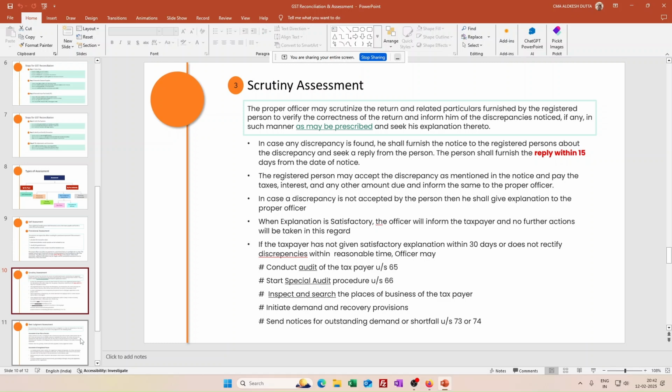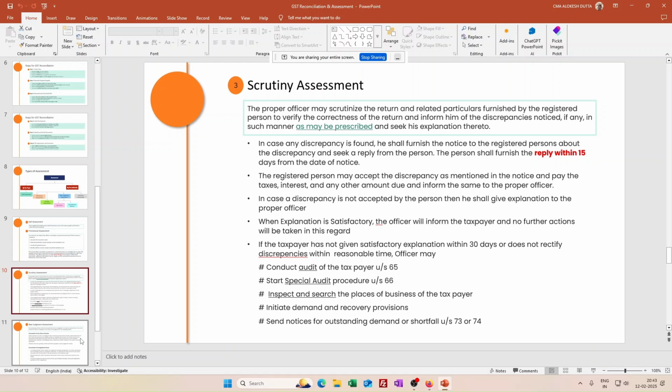So, if after scrutiny some discrepancies arise between the records produced before the officer and the return filed by you, the order may be passed for rectifying the discrepancies or paying the additional amount of tax.